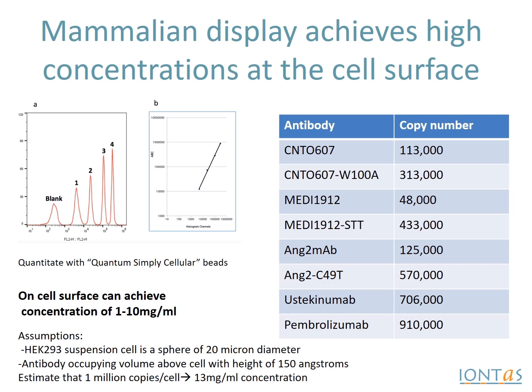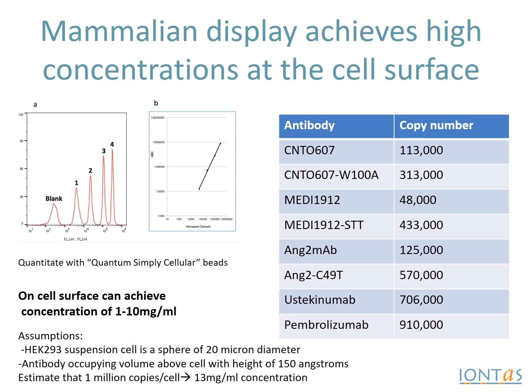To look at this, we've tried to quantitate the amount of antibody displayed on the cell surface, in this case using Quantum Simply Cellular beads, which have a range of antibody levels on the surface and allow you to create a calibration curve as shown here, from which we can calculate copy number. Again, we can see from the 3 pairs we've just discussed a quantitative difference between the parental and the improved offspring.